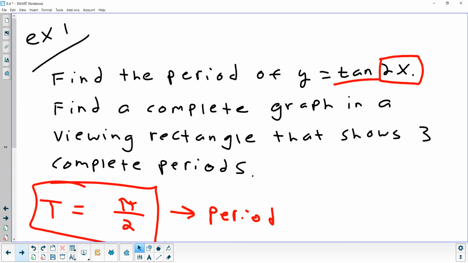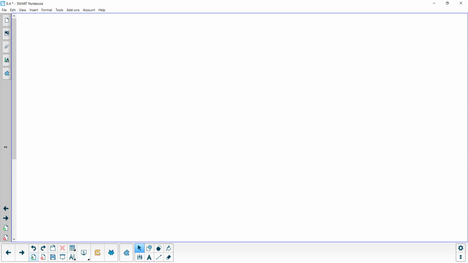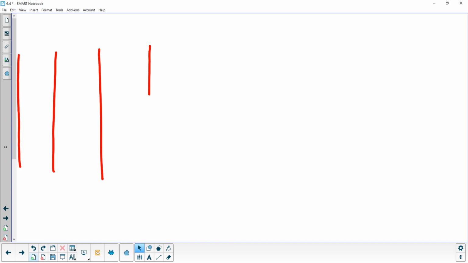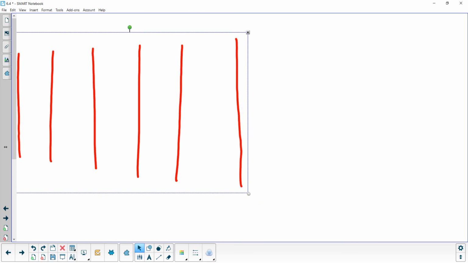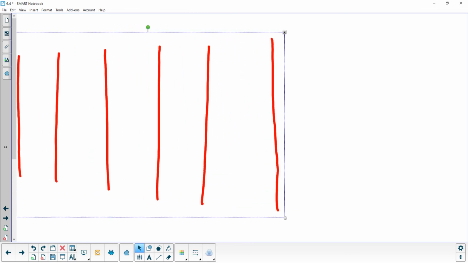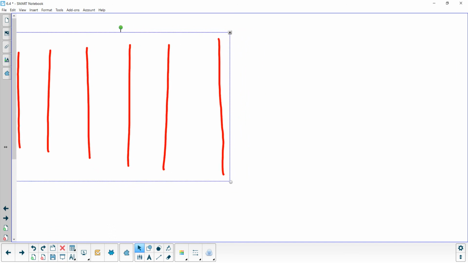Technically, it's going to compress it by a factor of 2. So what that means is, let's pretend that these are asymptotes. They go up and down forever. But if you compress them by a factor of 2, what's going to happen, well, is this.